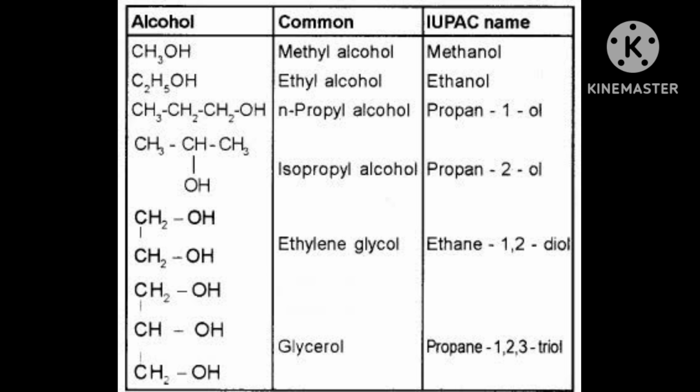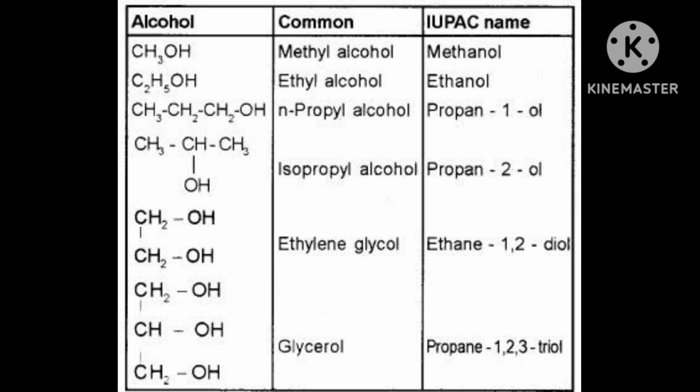Now the second example. A chain of three carbons is there, CH3, CH2, CH2, OH. It is again very easy. The common name is n-propyl alcohol, with small n, because this is propane, hence its alkyl will be propyl alcohol. And what will be its IUPAC name?